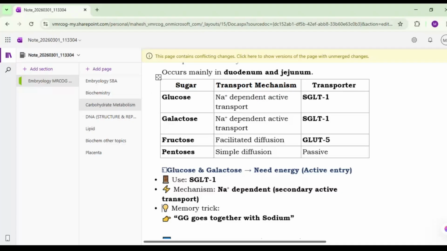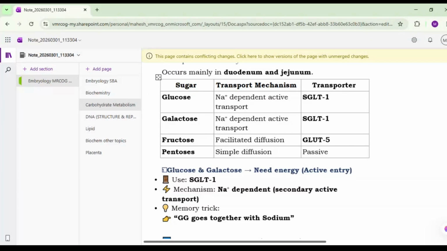For fructose, there is a free entry. It is a facilitated diffusion, but you require a transporter, that is GLUT5. But it is a free entry by facilitated diffusion. And pentoses, it is the easiest entry by simple diffusion. It is just a passive transport from high gradient to the low gradient for pentoses.